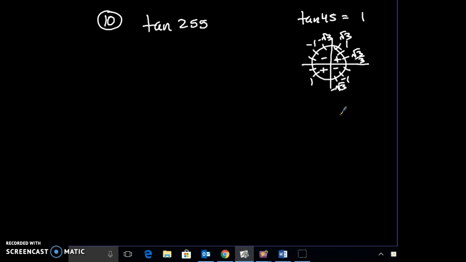Okay, so I'm going to try to find two numbers on the unit circle that add up to give me 255. And you can play around with that for a sec. And I'm going to use 135 and 120 because neither one of those is a member of the 30-degree family.